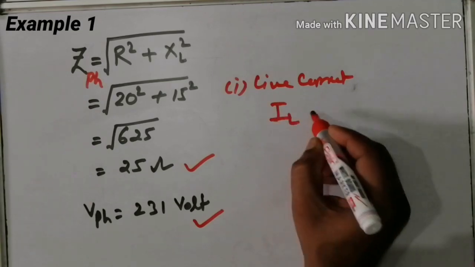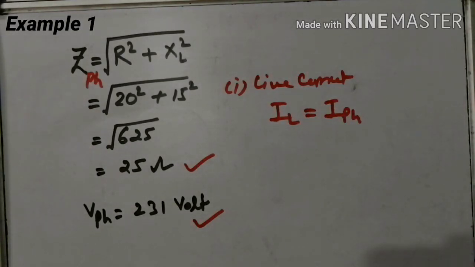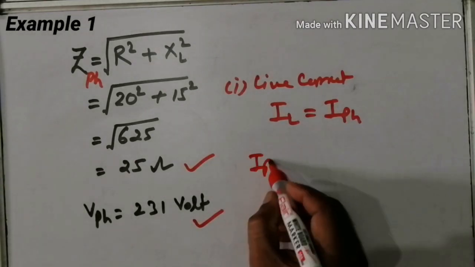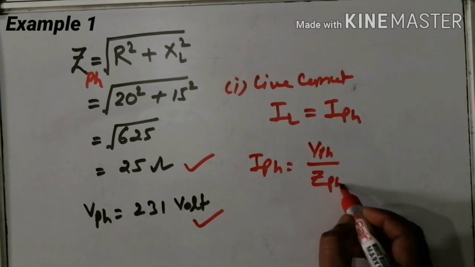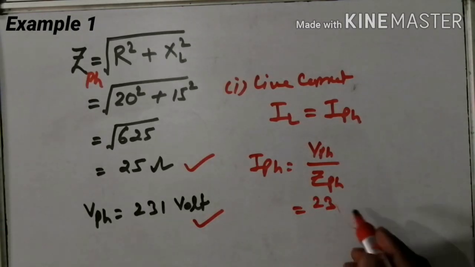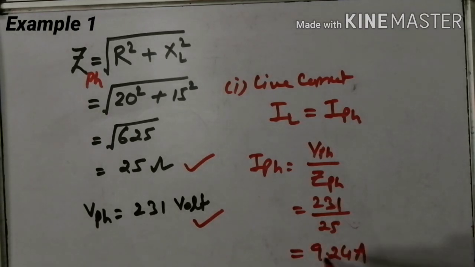right? Line current is IL, and the value of the IL is equal to the phase value of the current. Why is it so? Because we are discussing the star. The phase current is equal to phase voltage upon phase impedance, that is 231 divided by 25, it is 9.24 ampere, right?